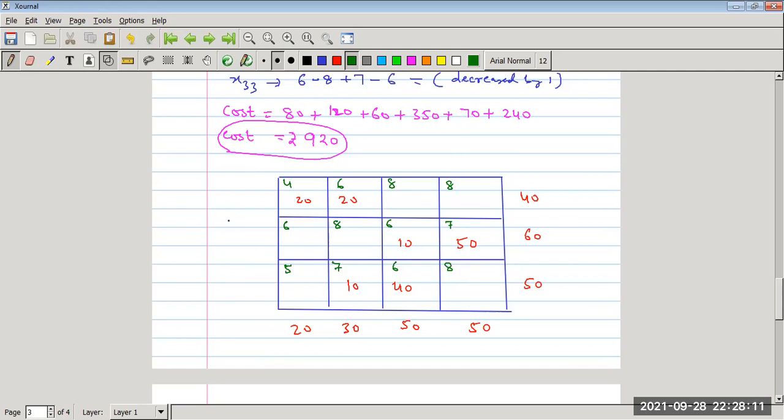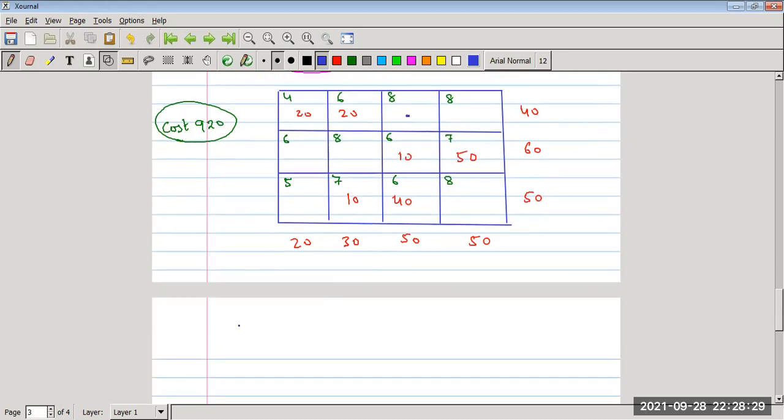Now, in this problem, because it is a basic feasible solution, we get cost rupees 920. Now we check whether it is optimal or not. So again, we start with the same process. We choose this non-allocated point. This is X13. We allocate one item in this point.